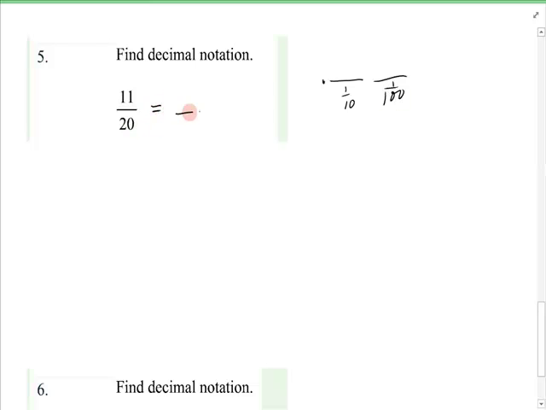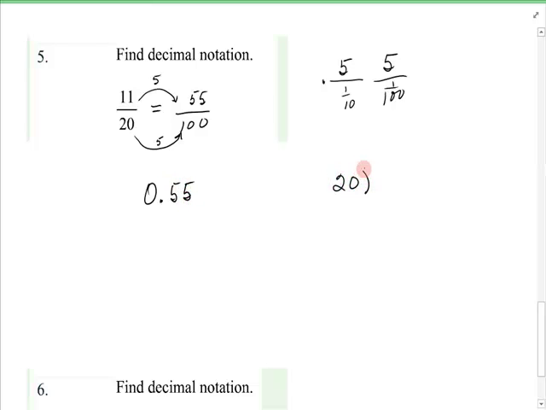So I'm going to do this. 20 goes into 100 5 times, and 5 times 11 is 55. My decimal is 55 in the hundredths place. So the last 5 goes all the way to the right, and that's 5, so I have 0.55.